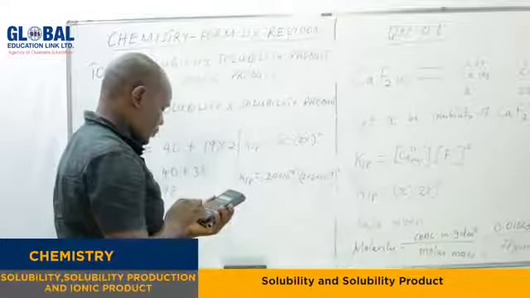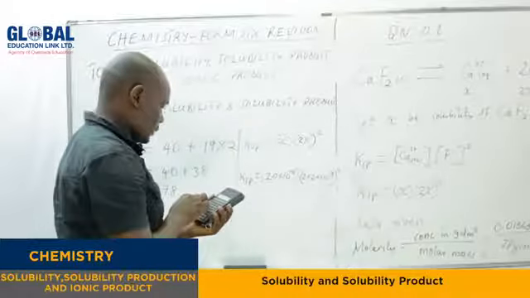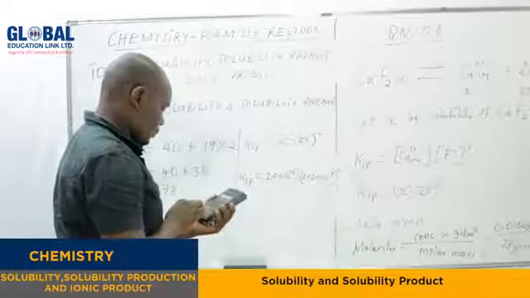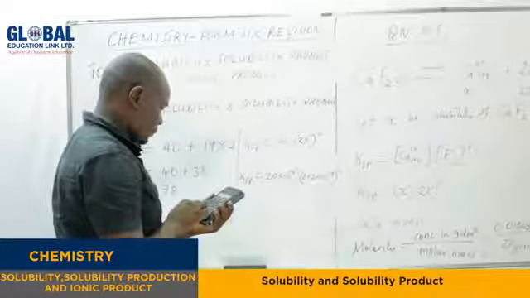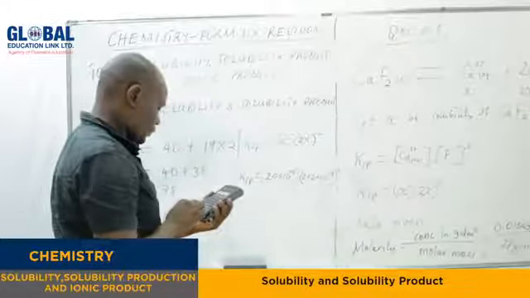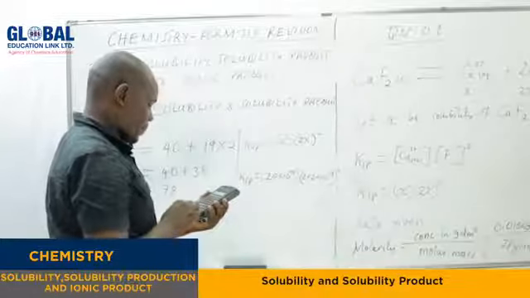2 times 2 is equal to 4 exponent negative 4, times 2 exponent negative 4. Then this one now squared.